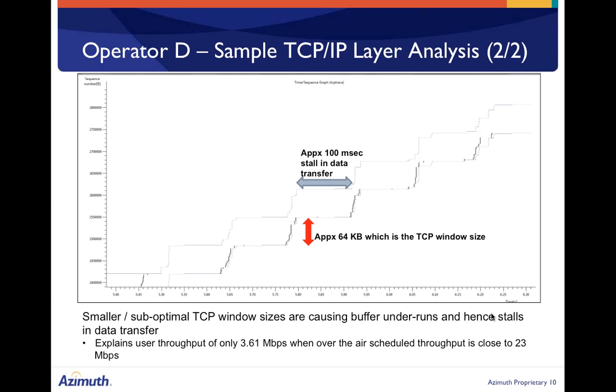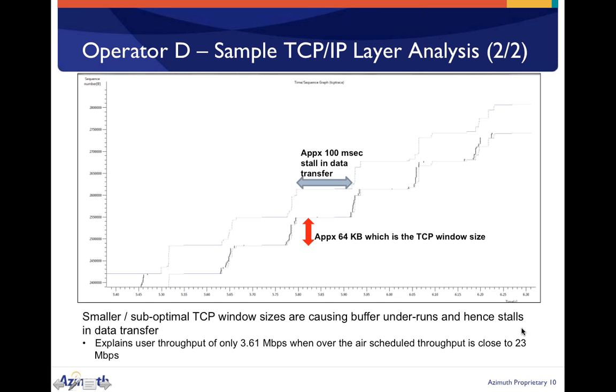Typically, what TCP window sizes do is help open up the buffers to help the transmitter or the network send chunks without having buffer underruns in the network. If your TCP window sizes are very small, then the physical layer may transfer the data very fast, and before the acknowledgement reaches back to the server, the new data is not coming because you underrun your buffers.